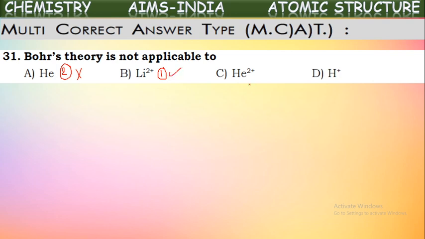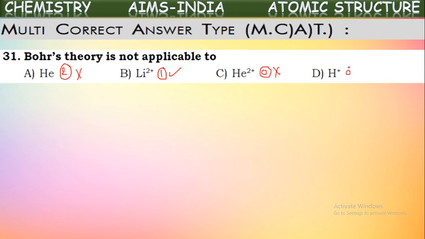Now if you see He2+ or helium 2+ ion, helium contains 2 electrons and He2+ contains 0 electrons. So for this also Bohr's theory is not applicable as it has no electrons. If we see H+, we know hydrogen has 1 electron, but H+ has no electrons.